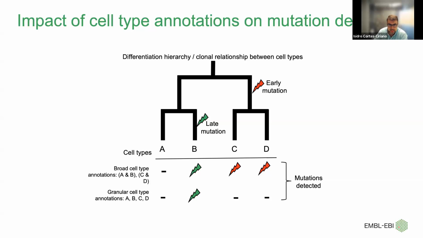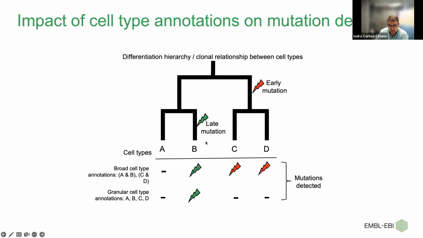But the key point is that we need to consider when and where a mutation happens across the differentiation hierarchy. If, for example, we consider a mutation that happens late in a progenitor cell, and we have 4 cell types, A, B, C, and D, and we group them so that AB is one cell type and CD is another cell type, this mutation will be detected.